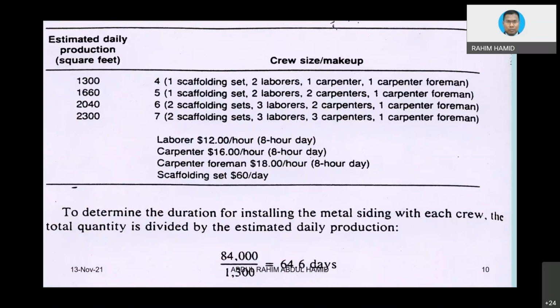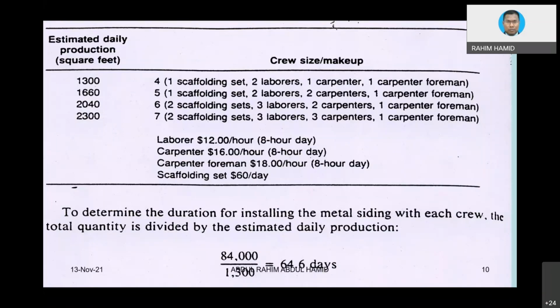Okay, now let's take a look at an example. I want to give you the relationship between productivity of the labor and duration of the activity. Okay, let's take the example of scaffolding. This is the production capacity.